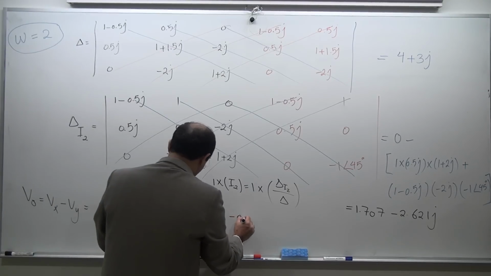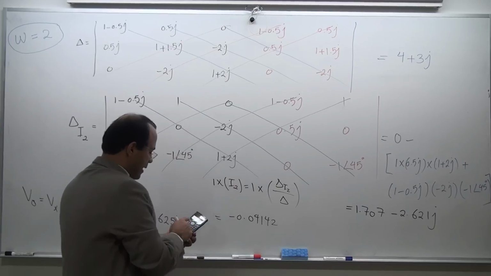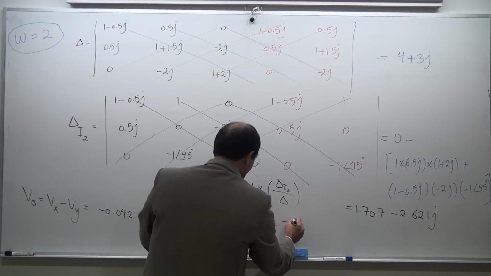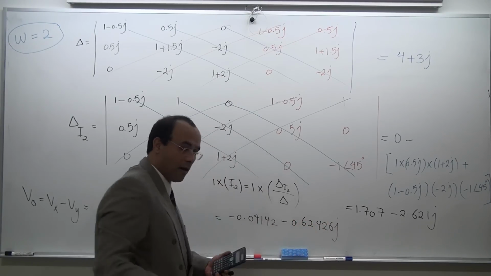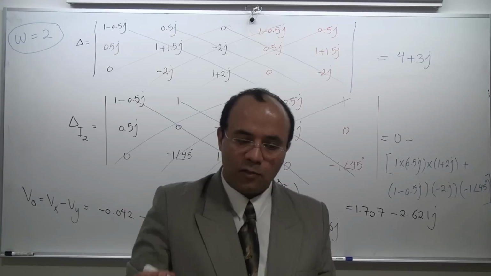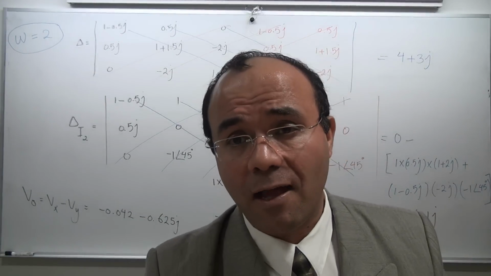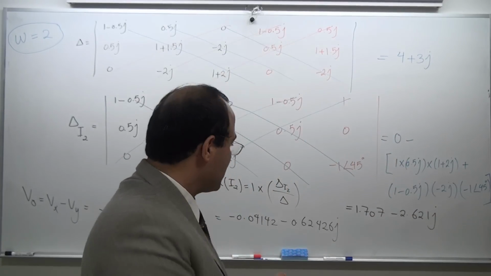It's minus 0.04142, and then shift equal sign, minus 0.62426j. Don't go this far. I only need 2 digits, 3 digits maximum. You're going to have some rounding error. Just be ready to expect that kind of rounding error, but that's all that.